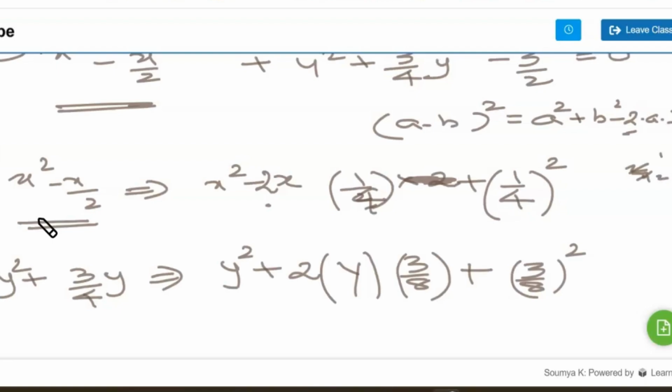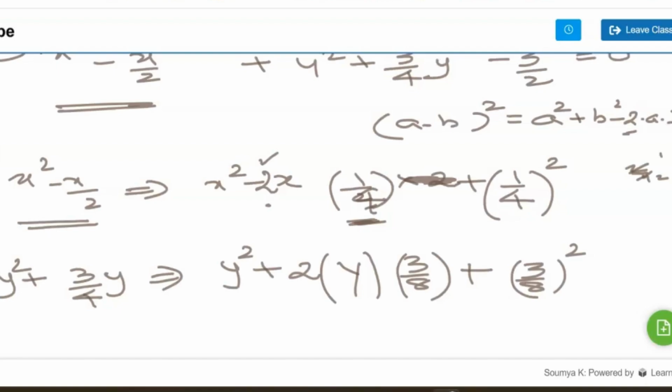So originally you will get the actual equation. So select such a number. This will be your 2, a will be your x, and then automatically this term will be b. We don't have the b term here, so we have to create it in such a way that it doesn't affect the equation. So 1 by 4 the whole square, it becomes a complete equation of a minus b the whole square.